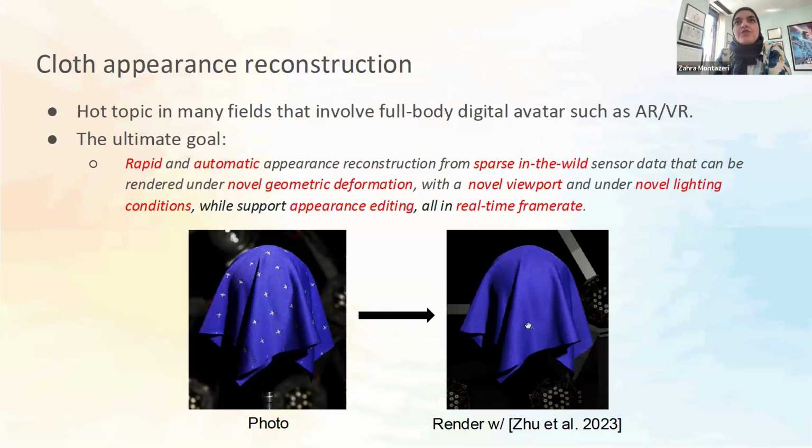So imagine you stretch the fabric, with a novel viewpoint, technically moving the camera, under novel lighting condition, or imagine you change the light rig, while supporting appearance editing, and this is editability of a model, and ideally at real-time frame rate. So this is the ideal scenario of someone defining what we want.